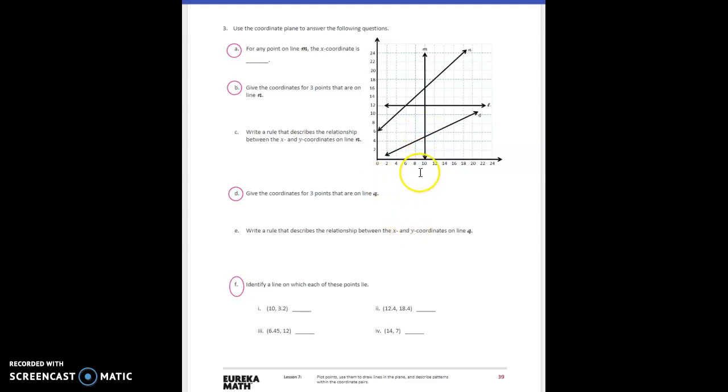Same thing here, 12.4 and then 18.4, where you're going over to about 12, and then 18, we're going up. What line is it on? You're going to do that for the following, and then you're just going to write down what line it is, just line M, N, L, or Q, and then you're all set.